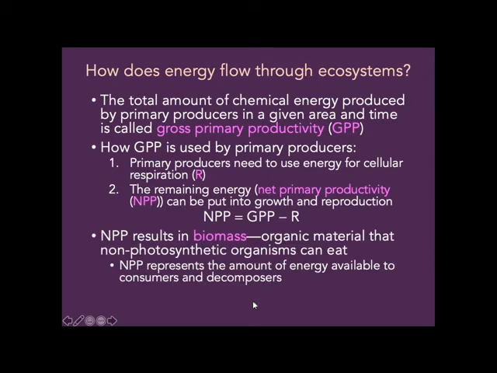Net primary productivity, or NPP, is going to result in biomass, meaning all of the organic material that is available for all the non-photosynthetic organisms to eat, right? So it's all of the plant bodies. And so net primary productivity, or NPP, basically represents the total energy available to consumers and decomposers for them to be able to use.